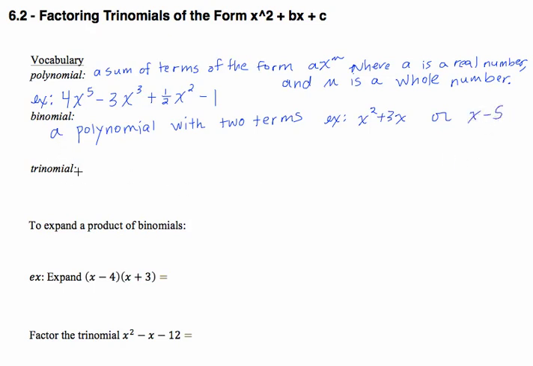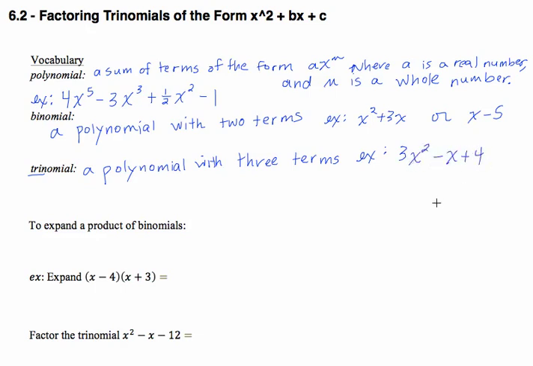So a trinomial, you can probably guess, is a polynomial with 3 terms. And that's what this section is all about. See, factoring trinomials. So we're going to factor polynomials with 3 terms in this section. So for example, you'll see lots that look like this. 3x squared minus x plus 4.